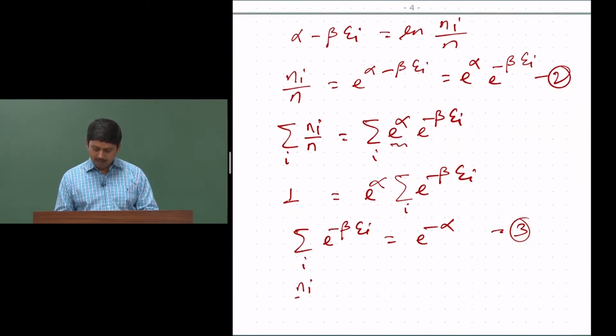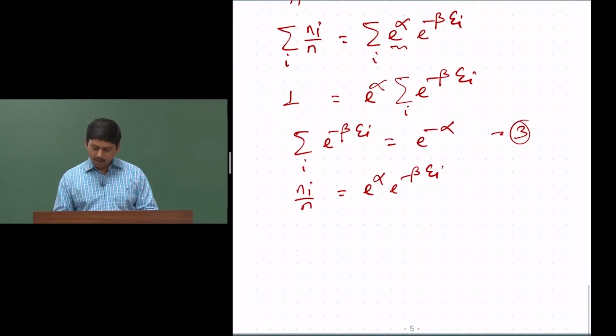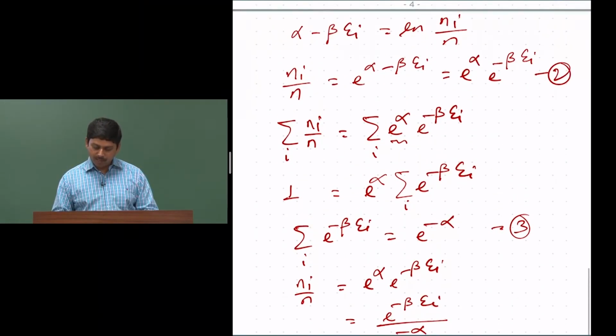So, Ni by n is equal to e to the power alpha times e to the power minus beta Ei. Let us write one more step: e to the power minus alpha, because alpha becomes minus alpha, and we know that e to the power minus alpha is this one.